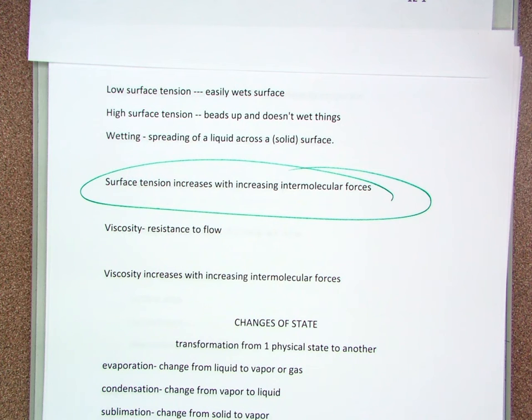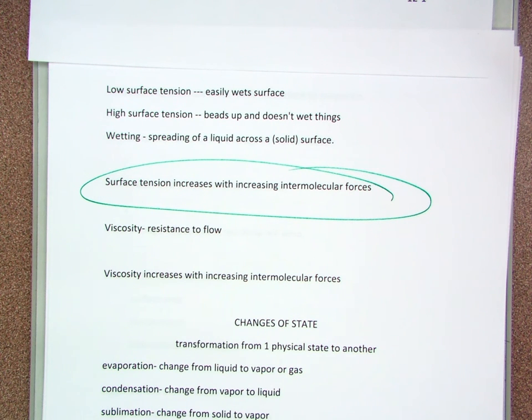We also talk about viscosity as another property. And I'm just writing this on the board so you can kind of get a view. Intermolecular forces increase, surface tension increases. And also viscosity, that is resistance to flow, and that increases with increasing intermolecular forces.